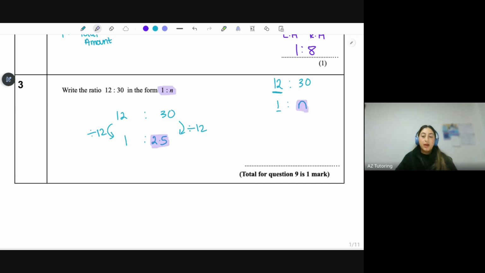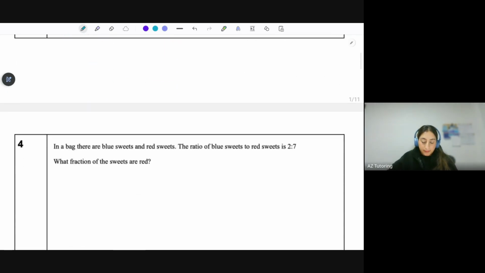So we've got 1 and n is just 2.5. So just remember when you're doing these kind of questions, look for where n is. That will give you a clue of which one you're converting.